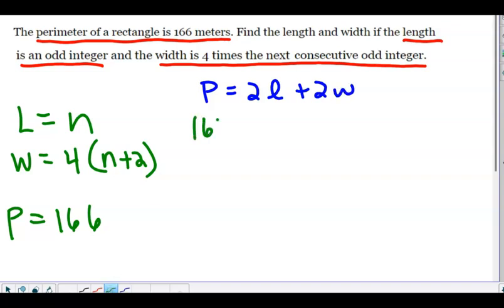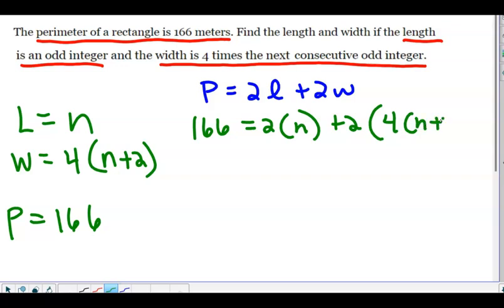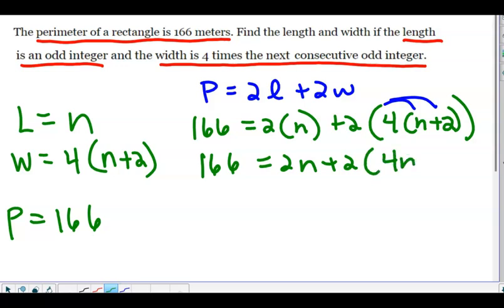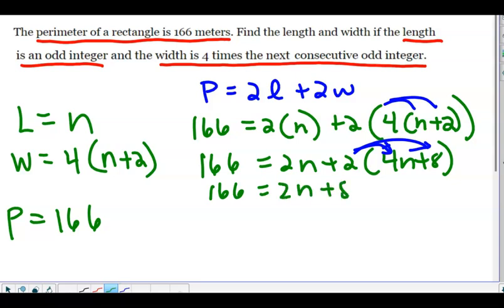So the perimeter is 166, the length is n, and the width is 4 parentheses n plus 2. There's double parentheses down here, so I'm going to do the inside first, giving me 166 equals 2n plus 2 times 4n plus 8. Then the next set of parentheses, and that gives me 166 equals 2n plus 8n plus 16.